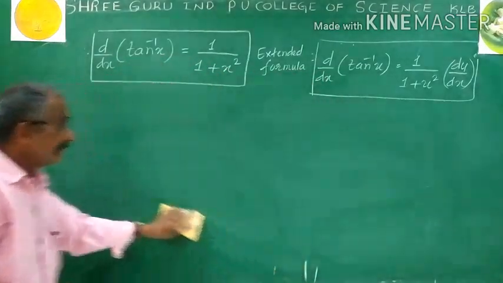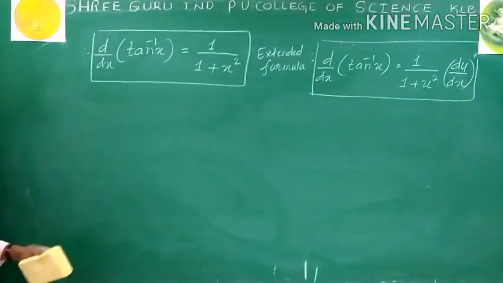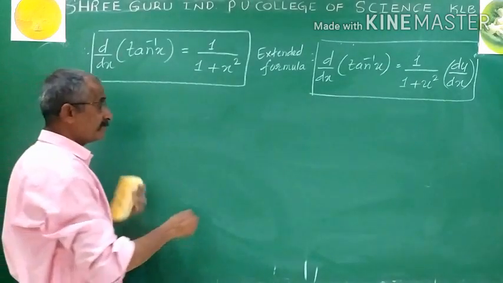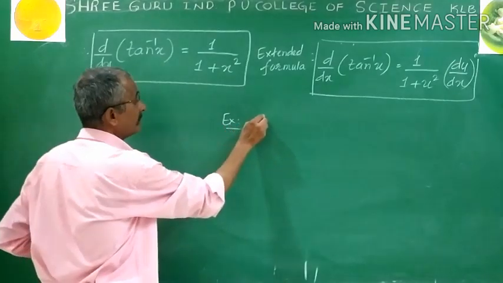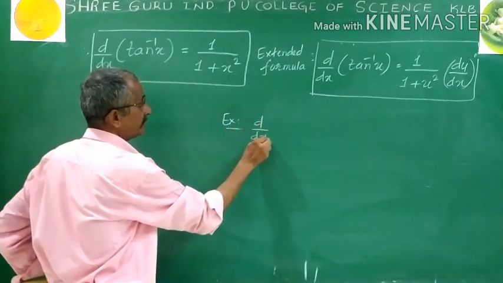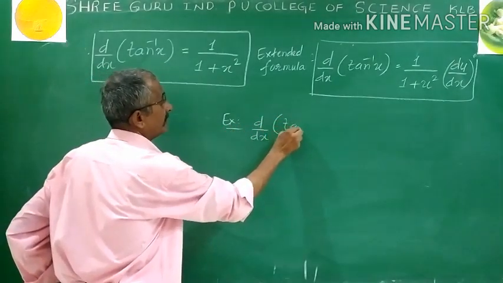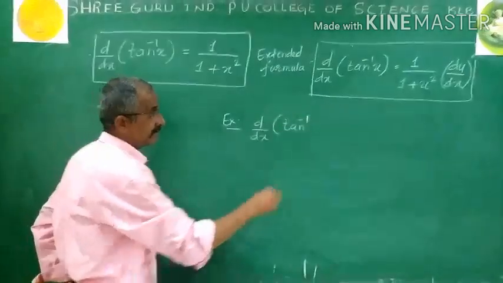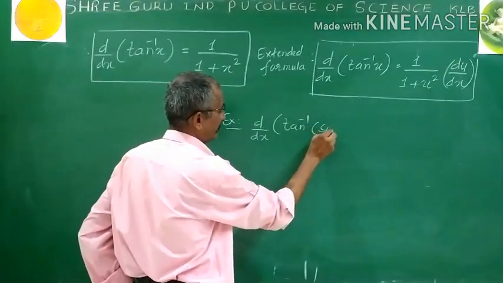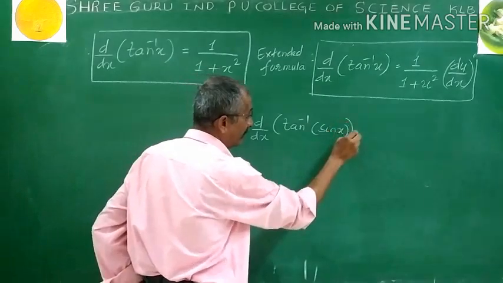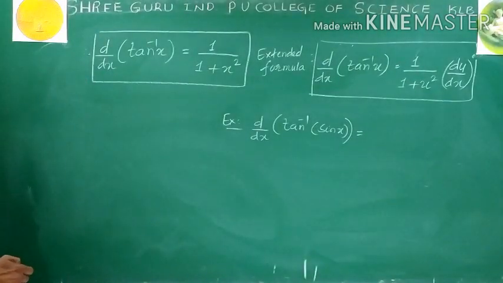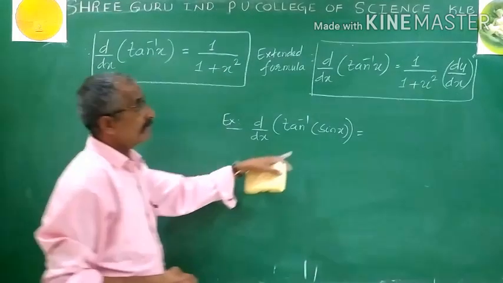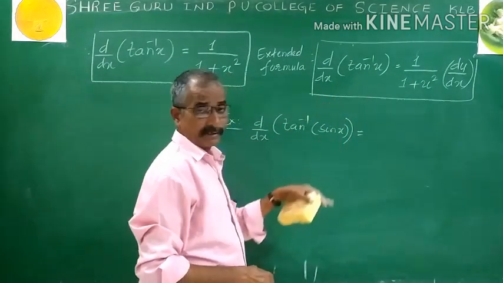Let's see with an example how this formula is going to be utilized in the coming problems. Suppose you wish to find the differentiation of tan inverse of sin x. It is just in the form of tan inverse of u, where u means sin x.